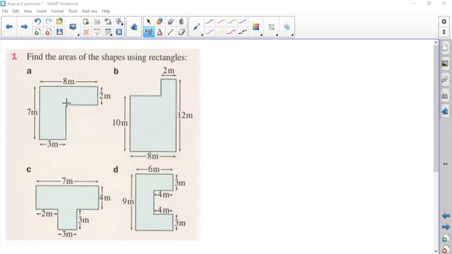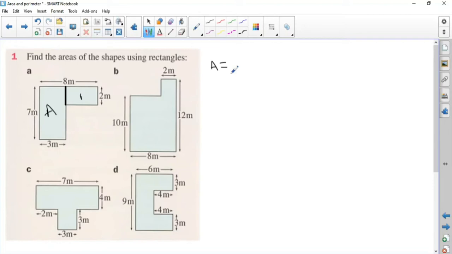So we have to split this one into two rectangles. Okay, let's divide it like this. Now can you find the area? So let's say this one is A and this one is B.